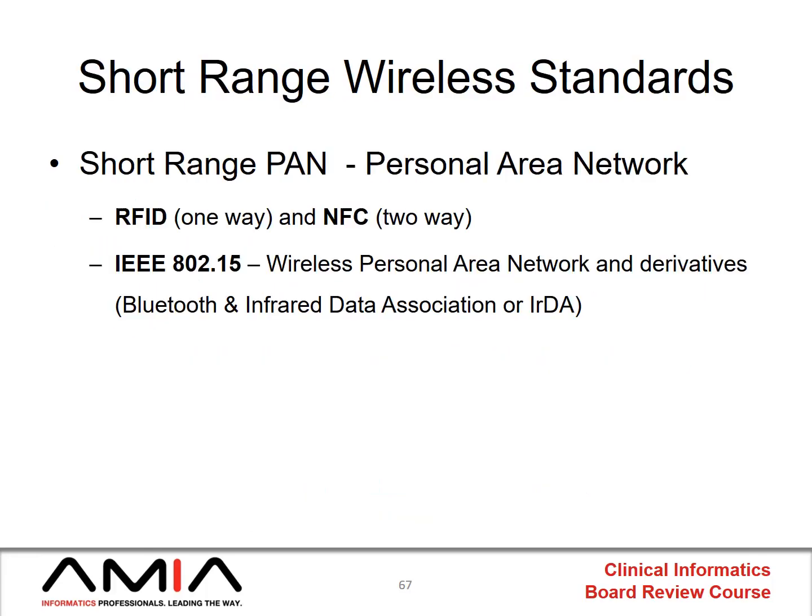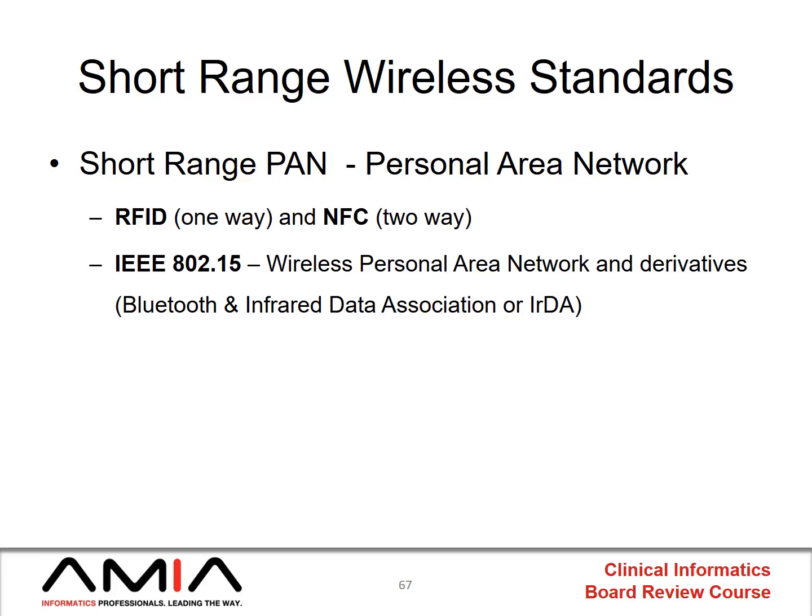There are a number of short-range wireless standards that you should be familiar with. These all fall into the category of Personal Area Network, or PAN, standards. These include RFID, or radio frequency identifier, and NFC, or near field communication, RFID being one-way and NFC being two-way. There's also a little known spec called IEEE 802.15 for Wireless Personal Area Networks, which covers Bluetooth and Infrared Data Association, or IrDA.